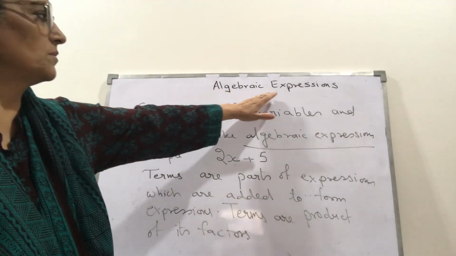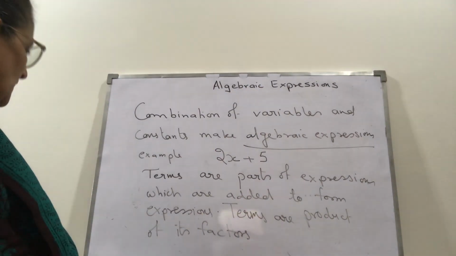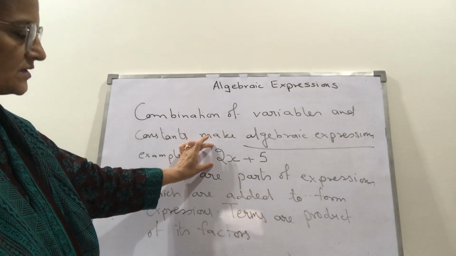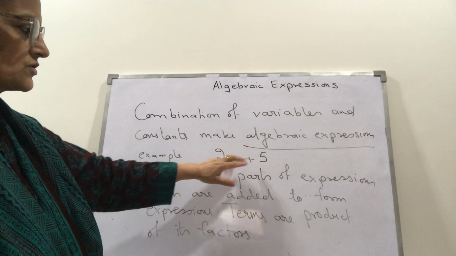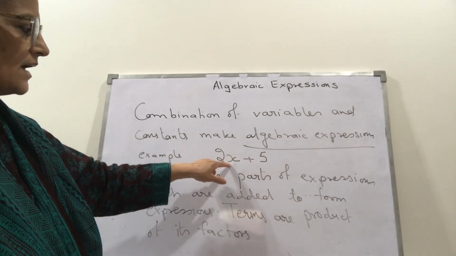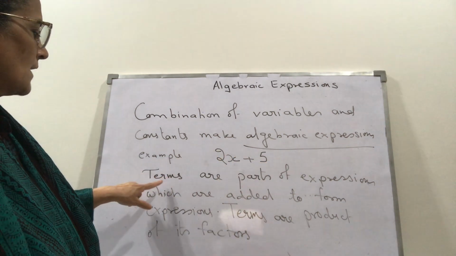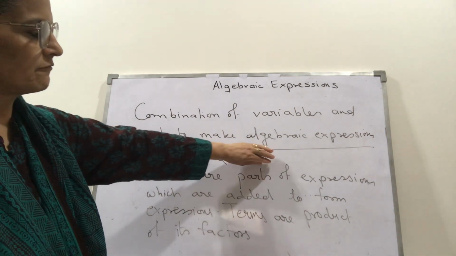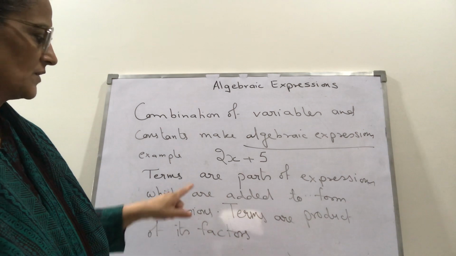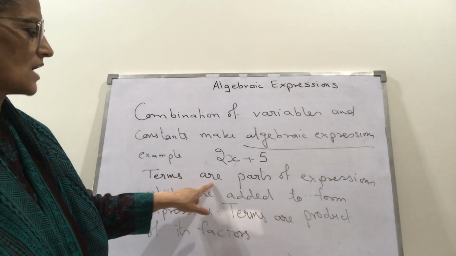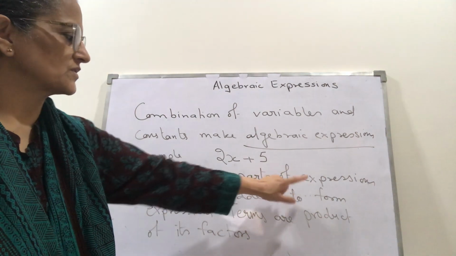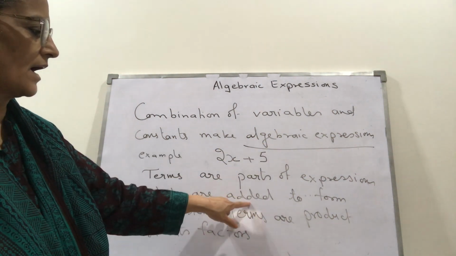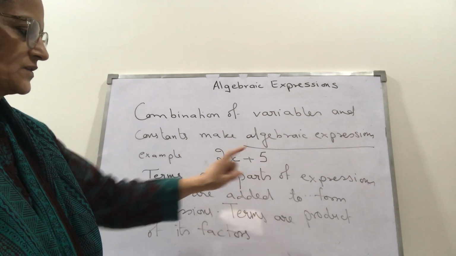First we have talked about algebraic expressions, that they are combinations of variables and constants. You can see this expression. It is a combination of these numbers and the variable part. Now terms. 2x is my one term, 5 is my another term. So we have written terms are parts of an expression which are added to form the expression.